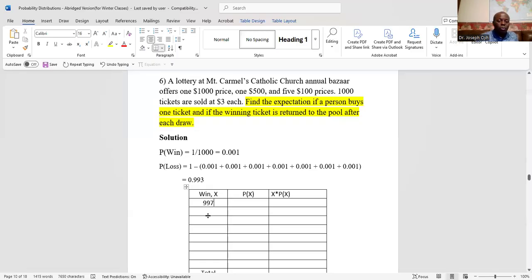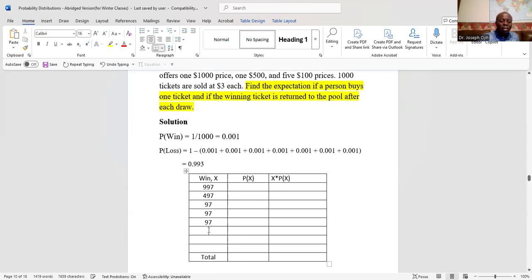Similarly, $500 will be 497, and for each $100 prize, your net gain is 97. There are five of them. Of course, most of the time you lose anyway. If you don't win any of these prizes, you lose $3, which is -3.